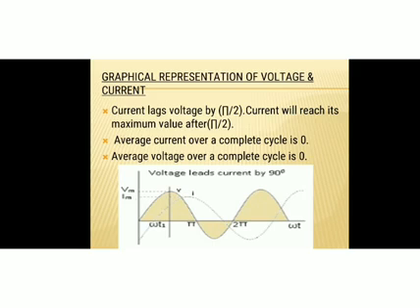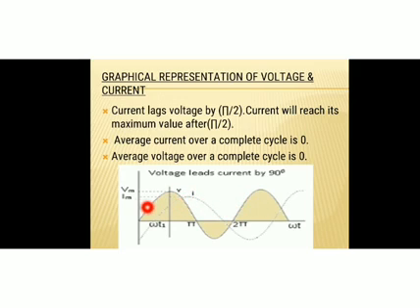Okay, now just look at the graphical representation of voltage and current for an inductive AC circuit. From the expressions of voltage and current, it was clear that current lags behind voltage. So voltage will always lead the current. Current will reach its maximum value only after pi by 2. In the graph it is very clear. This graph represents the voltage, and the dotted line represents the current.